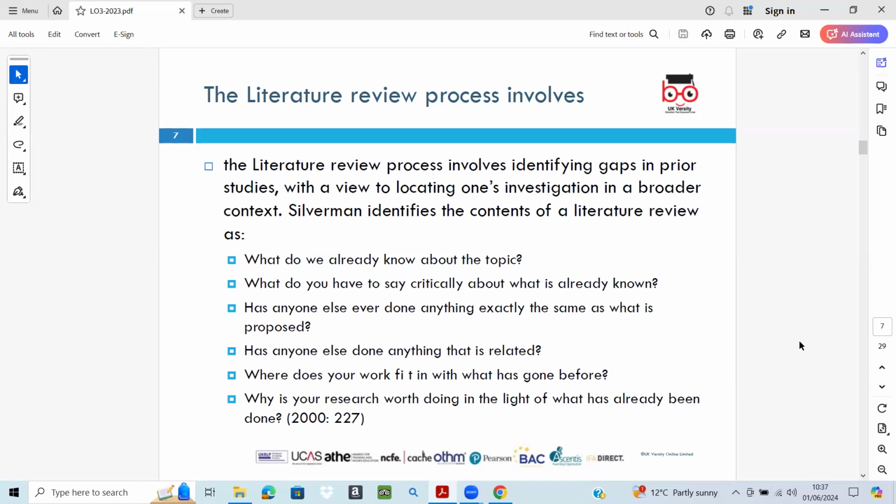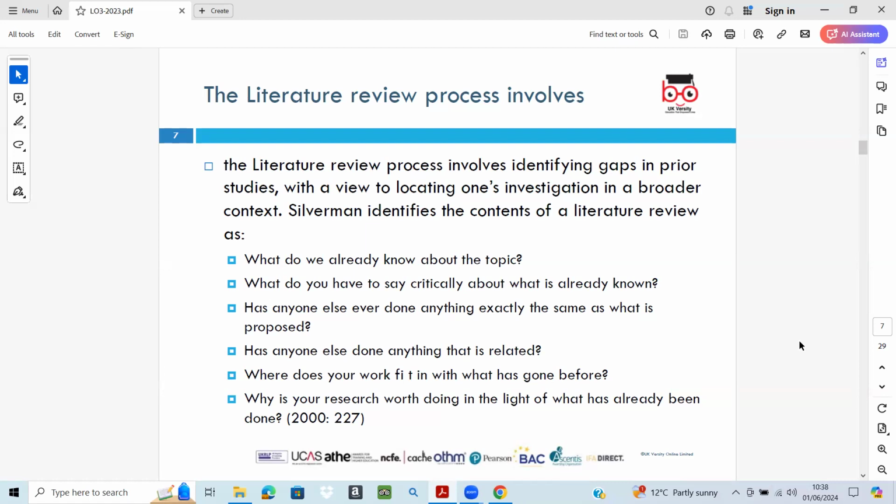Then the second one is, what do you have to say critically about what is already known? Critical evaluation is a core part of a literature review, and you must assess the strengths, weaknesses, and gaps in existing research.